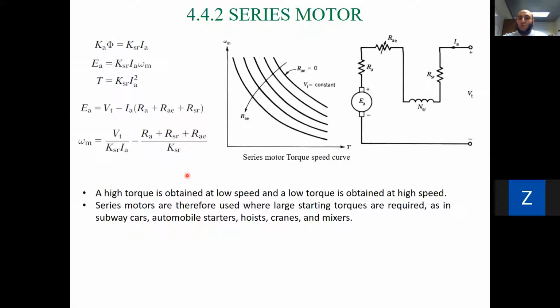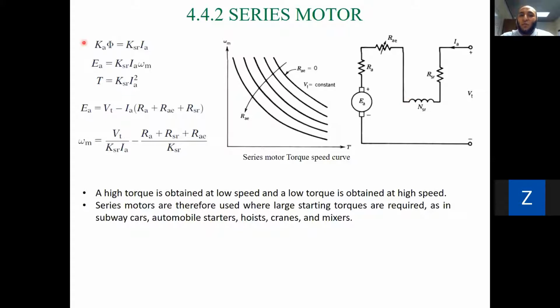For the series motor, because the series field winding is connected in series with the armature winding, we have armature resistance, we have rheostat controlled resistance, and we have the series field winding as seen in this figure. So the field current moving in the field winding is the same as the armature current.